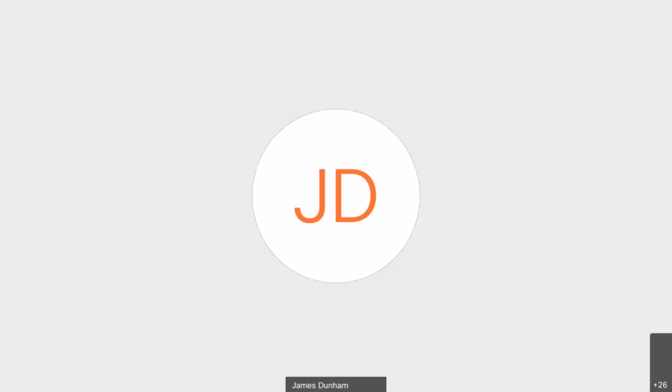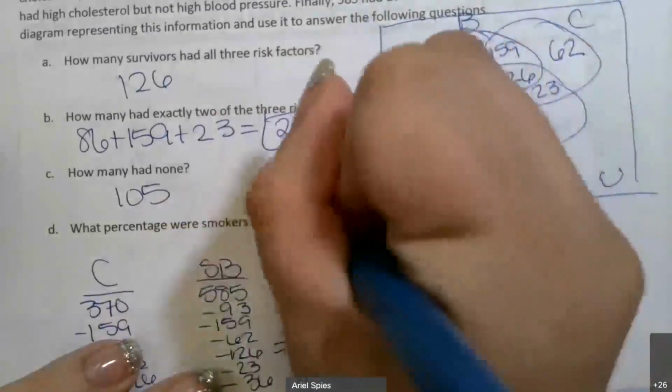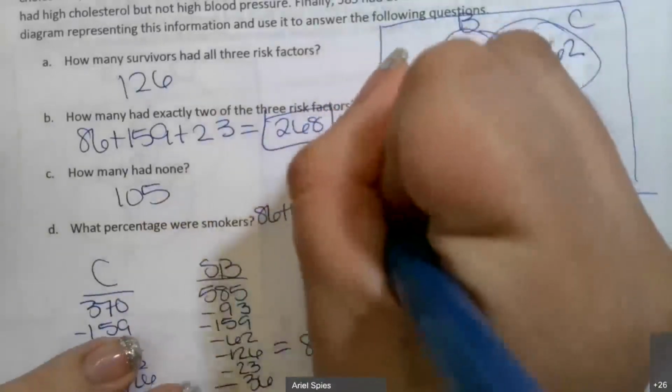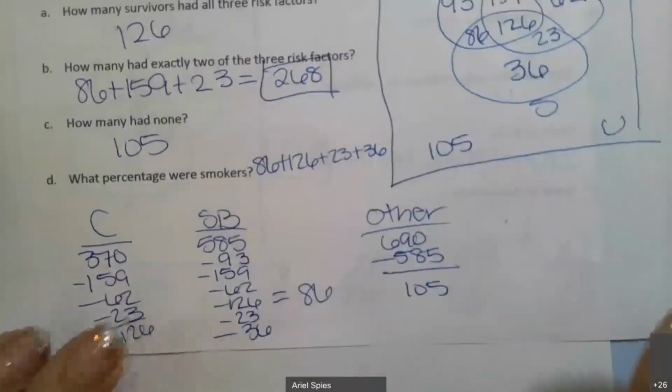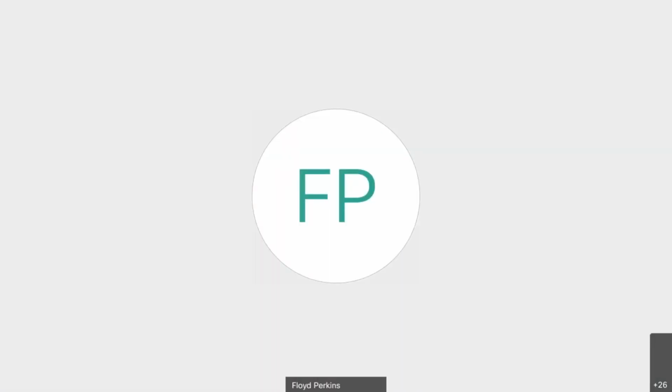Yep, everything inside the smoking circle. So 86, 126, 23, and 36. 217?